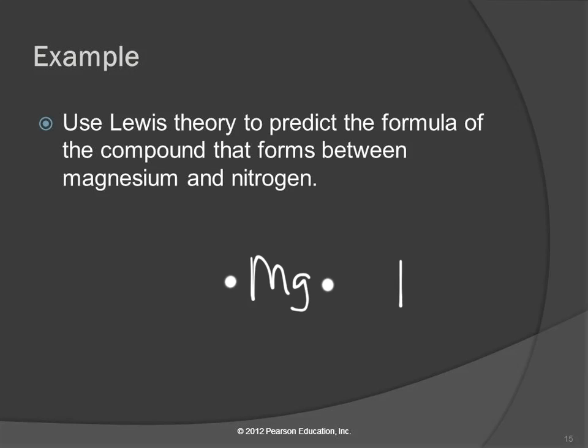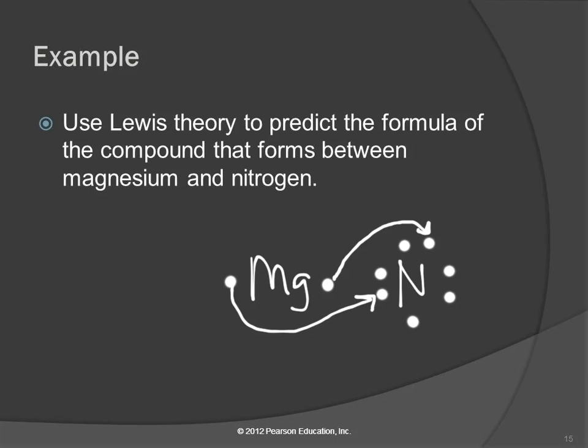And nitrogen, how many? 5. 1, 2, 3, 4, 5. So what could happen here? Well, we could have this one go over here, and we could have this one go over here.